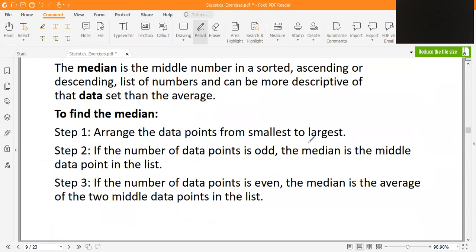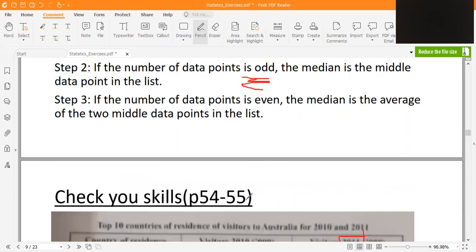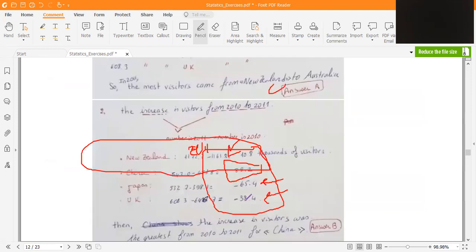Arrange the data from smallest to largest. In a stem and leaf plot, the data is already arranged from smallest to largest. If the number of data points is odd, the median is the middle data point in the list.